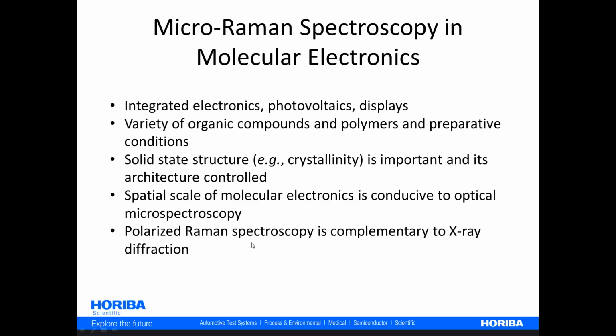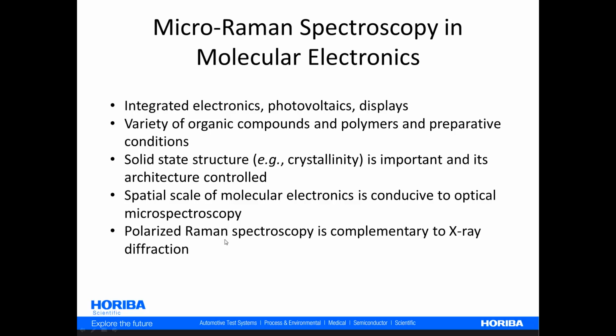And let me just point out that I say this frequently, that if one can use X-ray diffraction to get the information you need about crystal structure or orientation, absolutely you should do that.